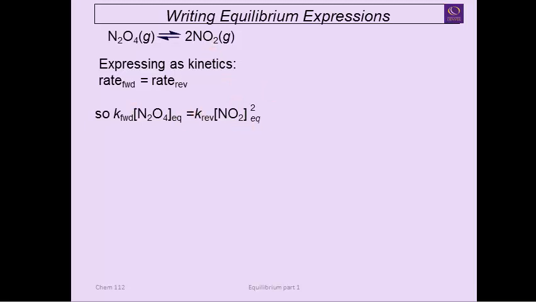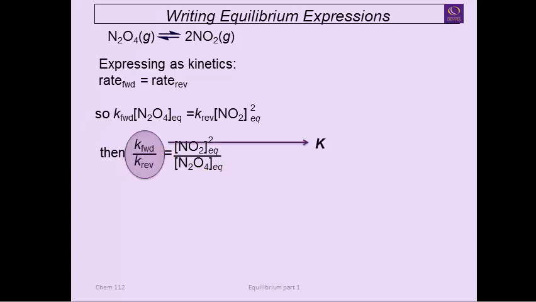Now if algebraically we rearrange that and put k forward divided by k reverse, that equals the products squared over the reactants to the first power. And here is what we call the equilibrium expression, where you always put the products over the reactants, and that constant, if you combine it together, you can just call an equilibrium constant.